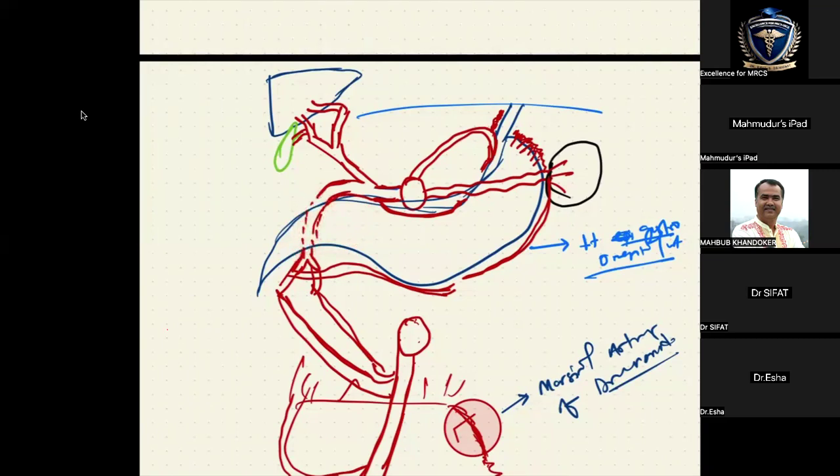That's why when there is any peptic ulcer disease or perforation, it occurs mostly in the anterior wall of the duodenum. This is the reason. So when a patient develops duodenal perforation in the anterior wall of the duodenum, the patient develops pneumoperitoneum.